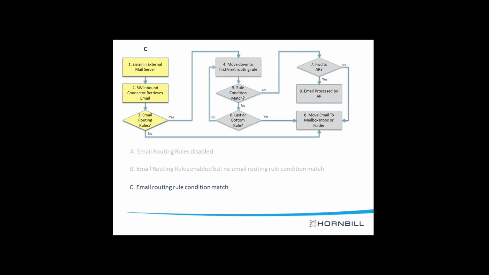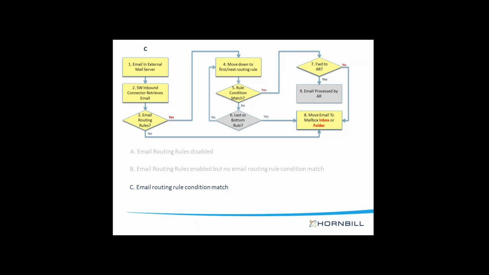So in this case, the email comes to Supportworks and follows the same first steps. A rule condition will match. In this case, we can have steps 4, 5, and 6 repeat a few times, because perhaps it's not the first, it could be somewhere in the middle, the condition that does match. Now, the system reaches the point where it needs to make a decision, as I showed you in the previous slide, where it can either move the mail to be processed by an autoresponder, or alternatively, it can move the email to either inbox or any other folder.